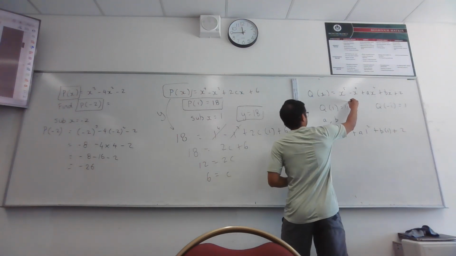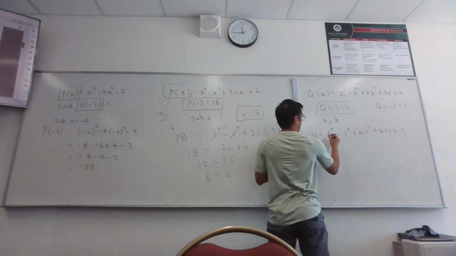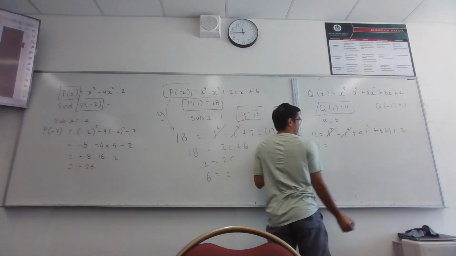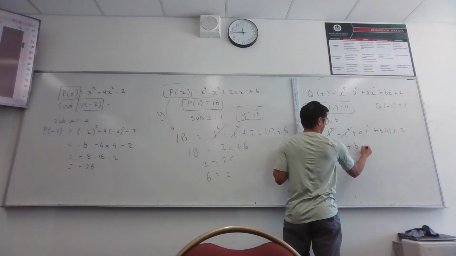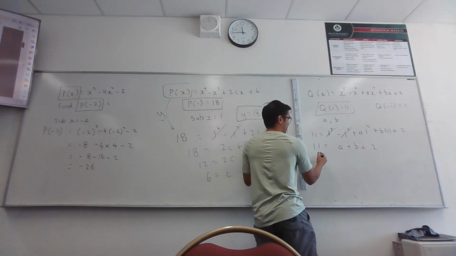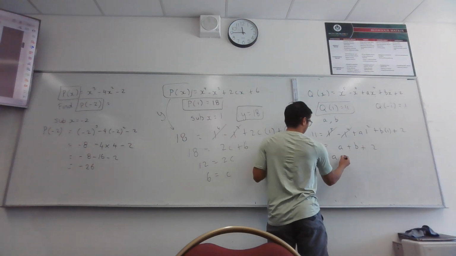Okay, we're going to use this first bit here. 1, 5 minus 1, 4 is 0. A plus B plus 2. 9 equals A plus B.